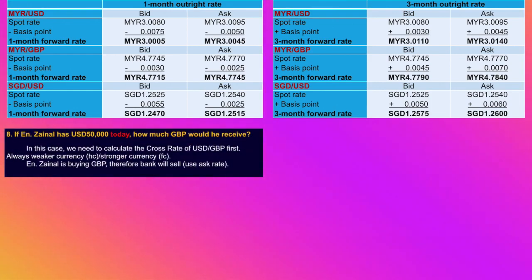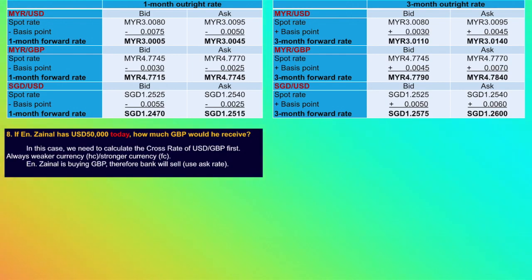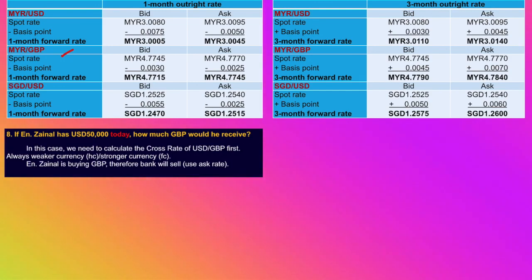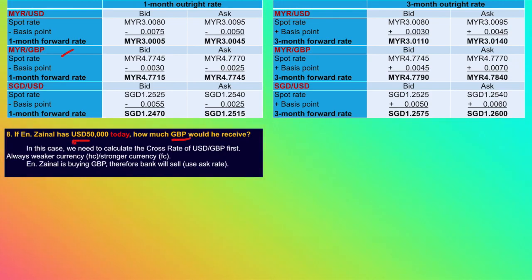Okay, for the next question, if Encik Zainal has 50,000 US dollars today, how much GBP would he receive? So today, so you will use Malaysia ringgit per GBP. In this case, we need to calculate cross rate. So for US dollar and GBP, but we don't have US dollar per GBP.